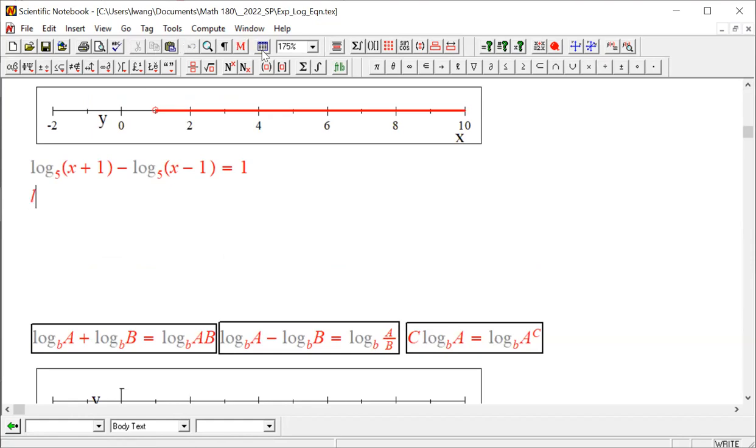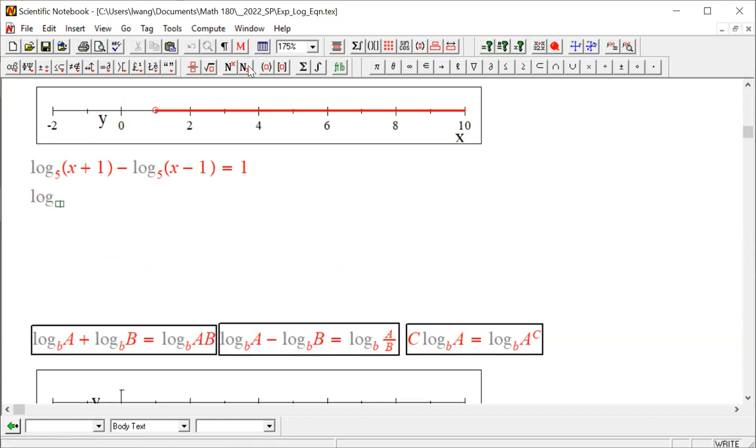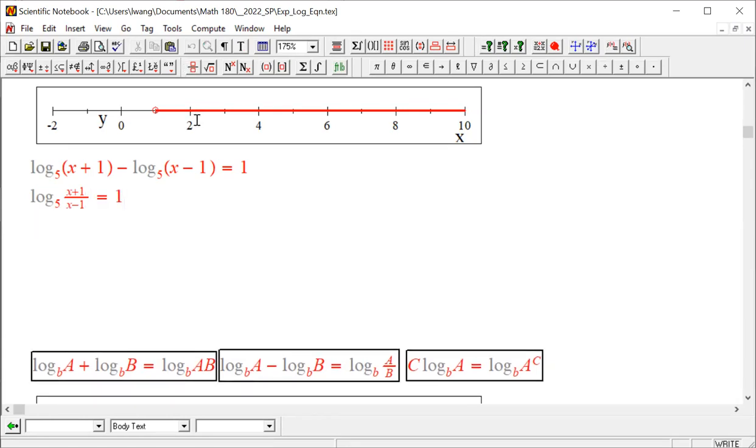So here we have log base 5 of x plus 1 over x minus 1 equals 1. We can use the definition, or you can use the function perspective or whatever. I think using the definition would be the most straightforward. Do we still remember the definition?